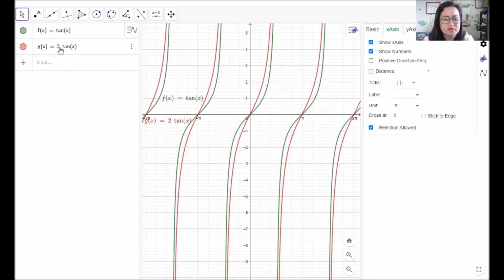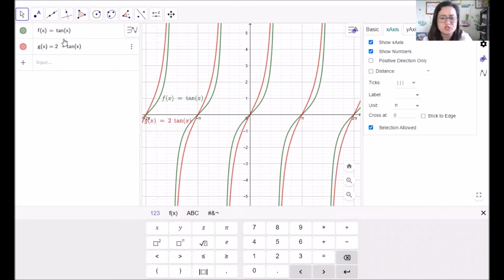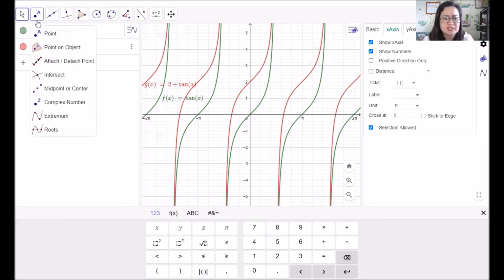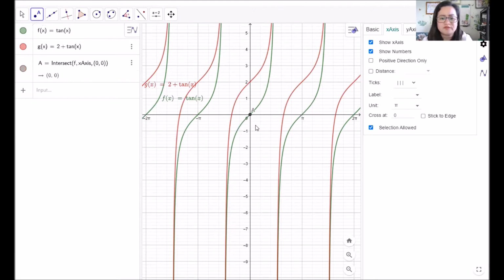Now what if we change the value of b? Let's say we have 2 plus tangent x. What will be the graph? Now here is the transformation. Let's identify this point. This is the turning point of tangent x.